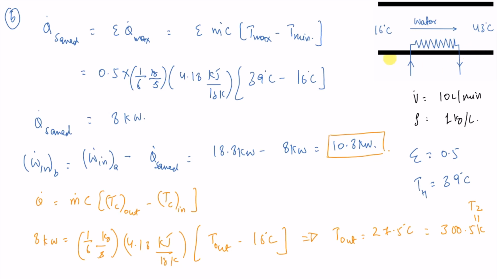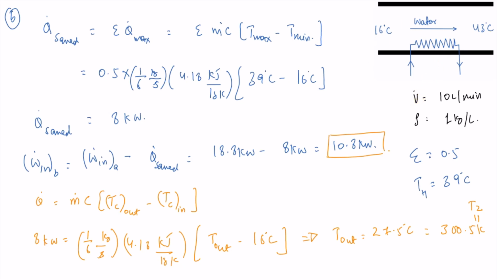Initially we were increasing its temperature from 16 degrees Celsius to 43 degrees Celsius, but now by using the effectiveness we just want to increase its temperature from 27.5 degrees Celsius to 43 degrees Celsius. That is why the power input has reduced.